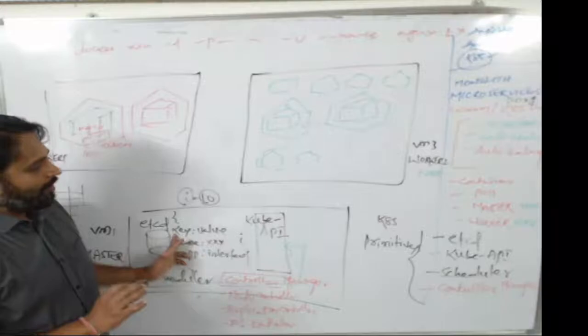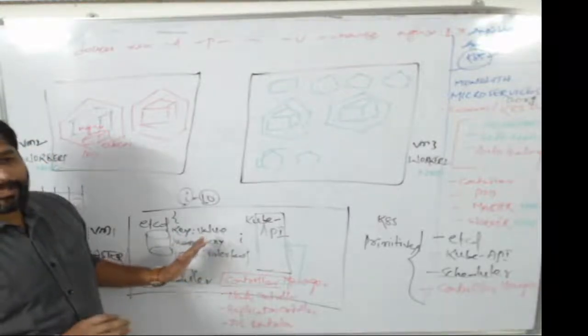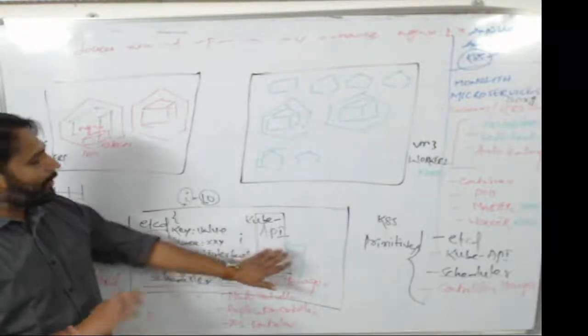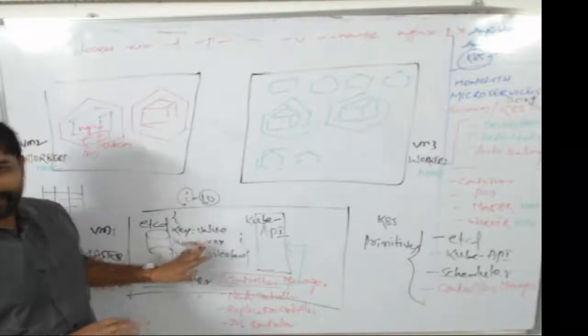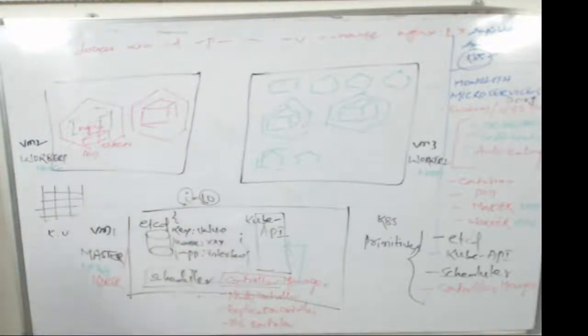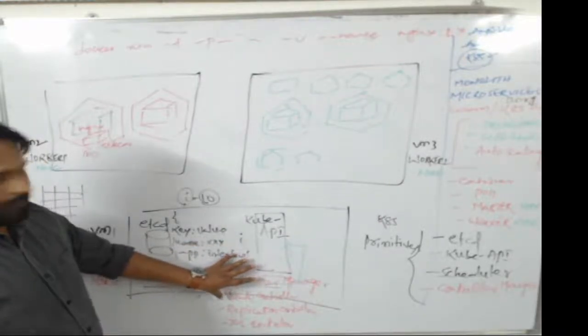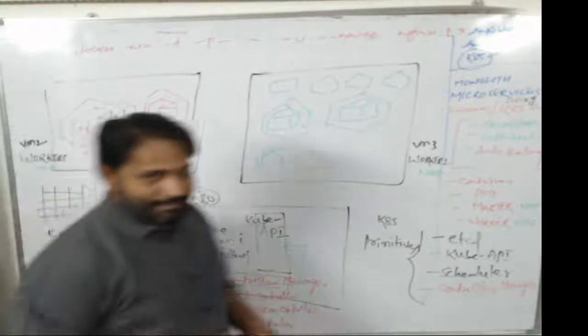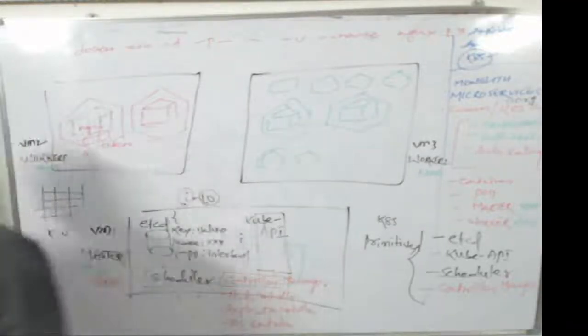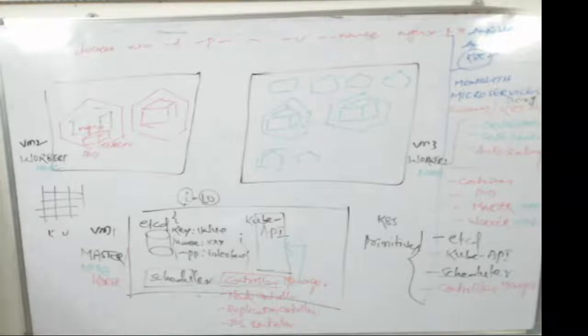There are no exceptions. That's the end of the sentence. It's the only component that can interact with etcd. So you have 4 components on master. What are those 4 components? etcd, API server, scheduler, and controller manager.